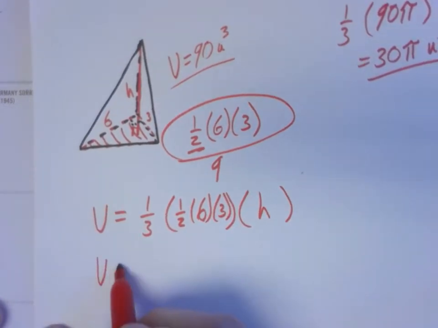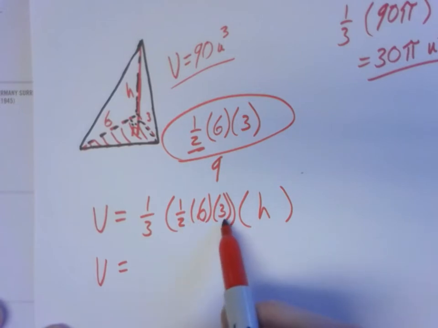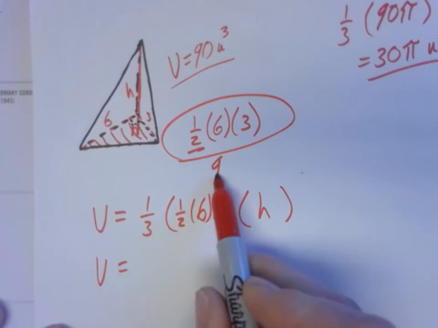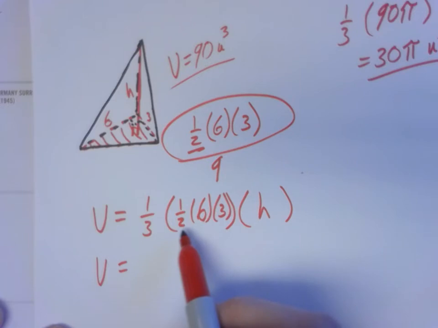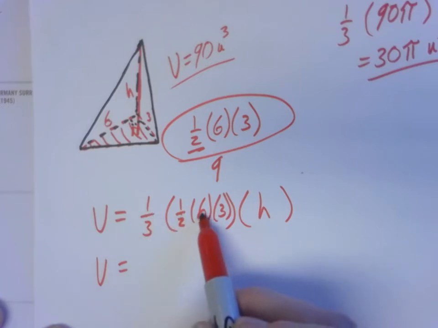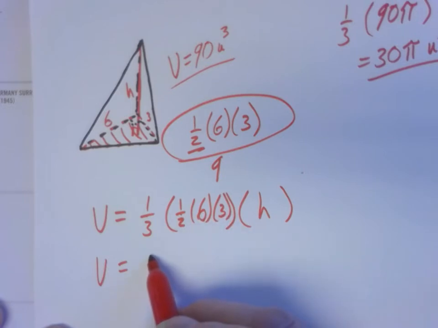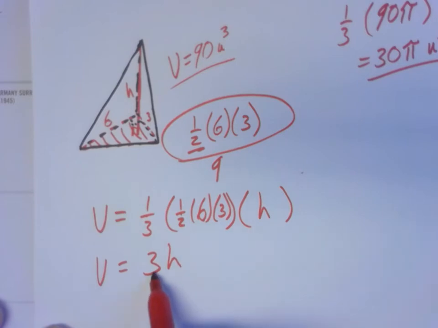So we can figure this out again. It's 9, and we can say 1/3 of that is 3. If you prefer, you can say this is 1/6 times 6, which is 1 times 3, still 3. Okay, and so we know the volume is whatever 3 times the height is.